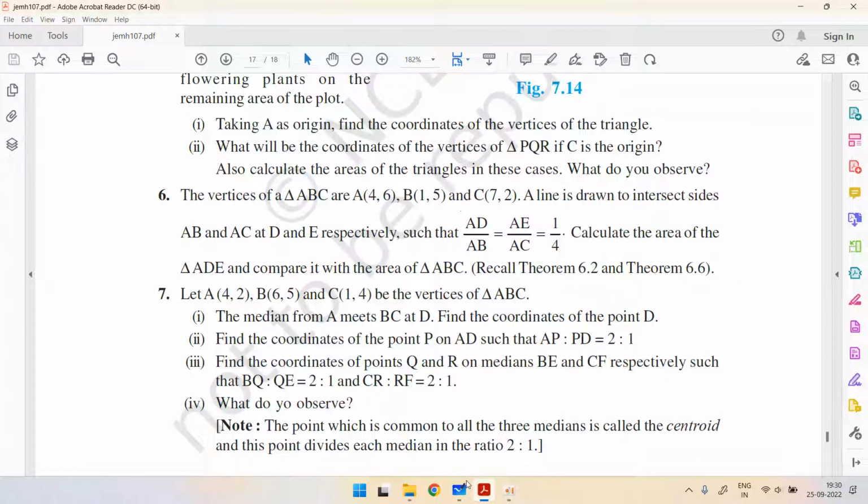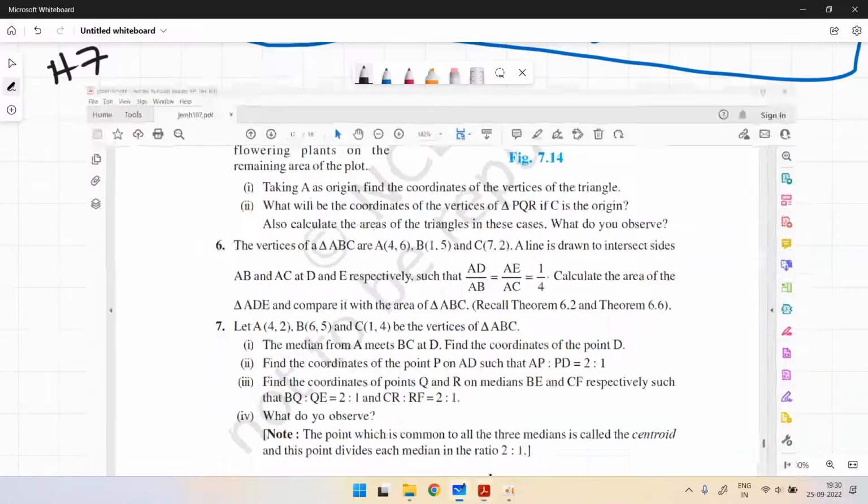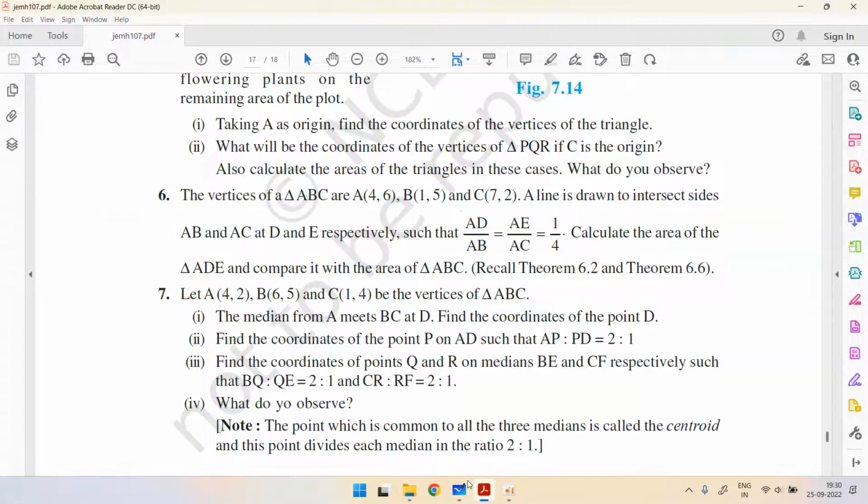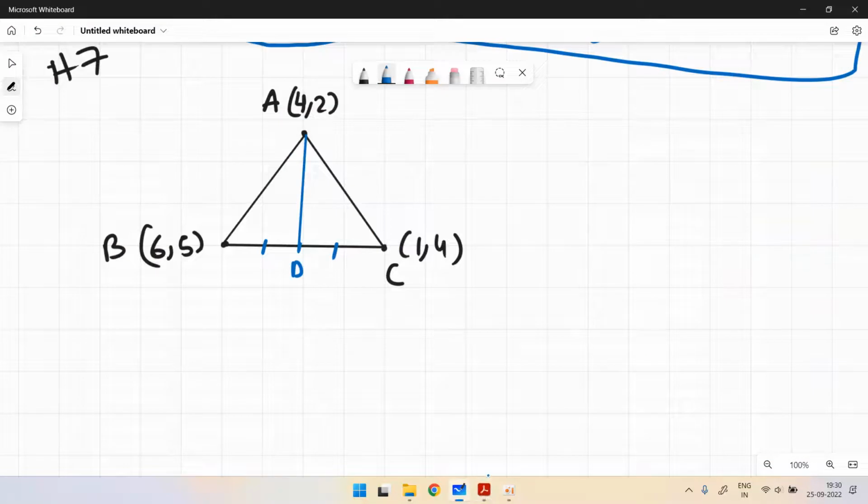Given that the median from A meets BC at D, next is to find the coordinates of P on AD such that AP:PD is 2:1.